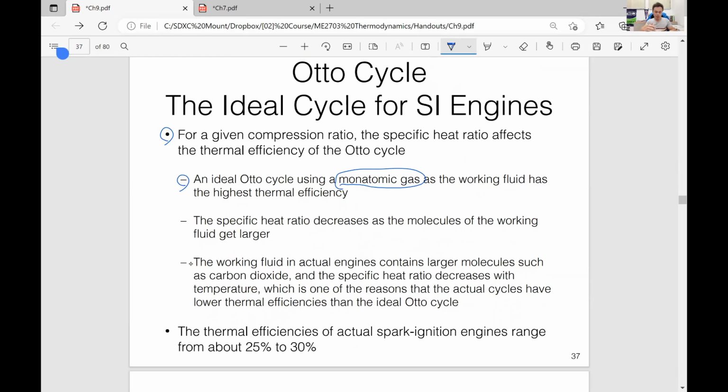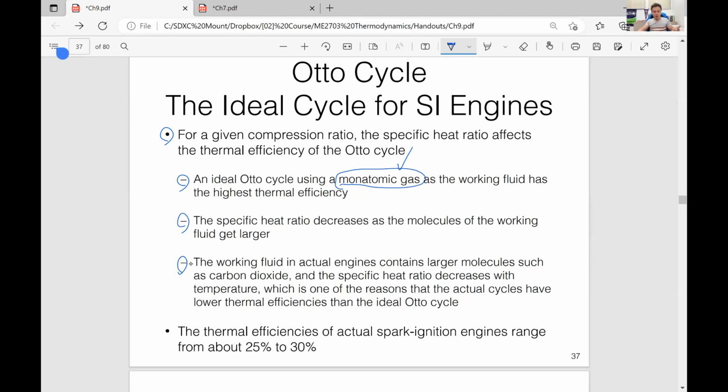That is the question, right? The specific heat ratio decreases as the molecules of the working fluid get larger. Most fuel is made up of a lot of molecules, right? How can you find a single atom gas as a fuel? It's very unlikely.